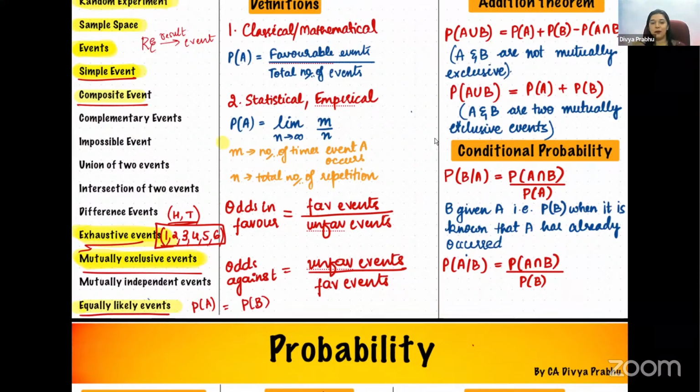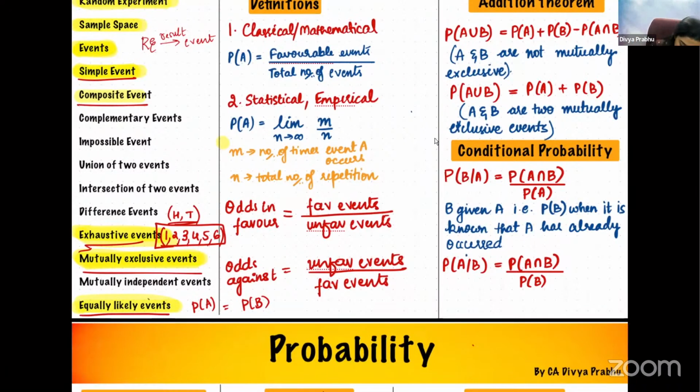Again, the same example: if I am tossing a coin, there is 50% chance of heads occurring, 50% chance of tails occurring. Equal chances, 50-50, correct? So these two events are known as equally likely events. So 5 events: simple, composite, exhaustive, mutually exclusive, and equally likely events.